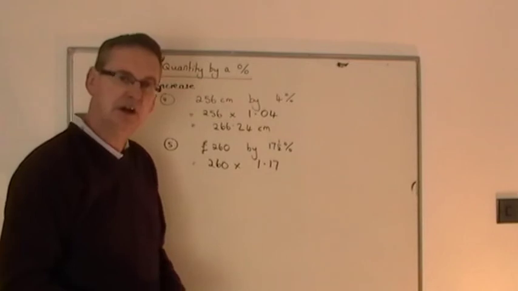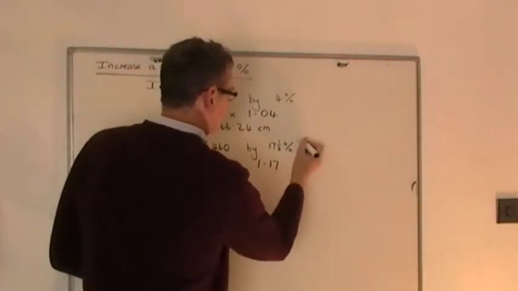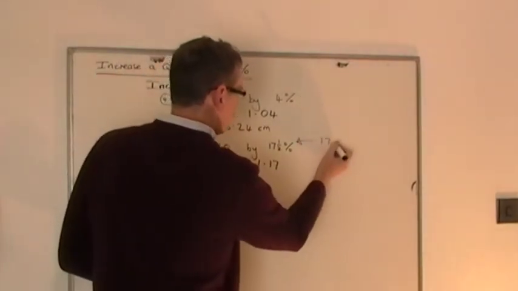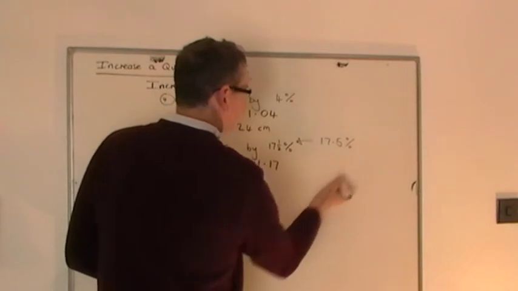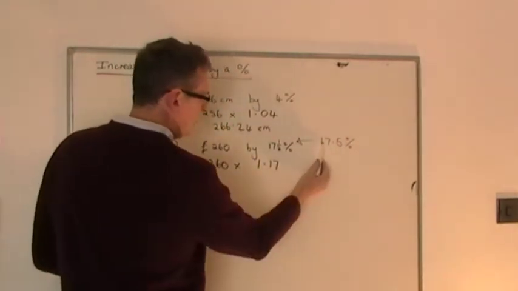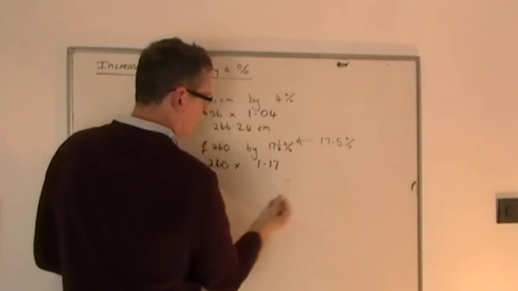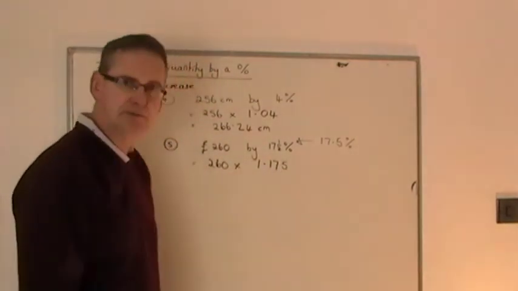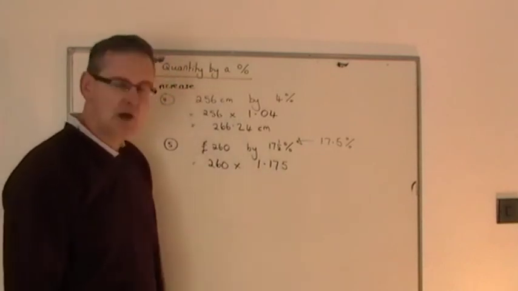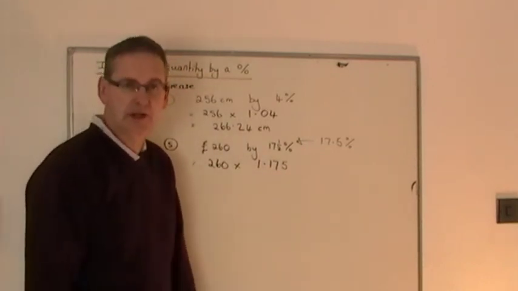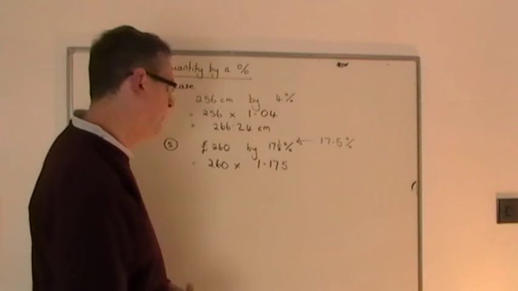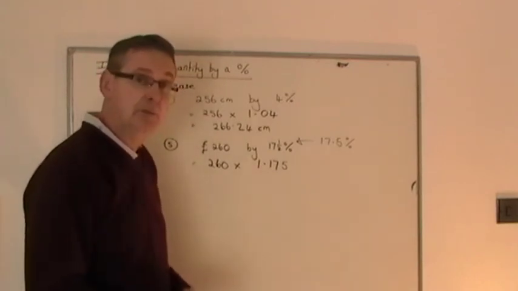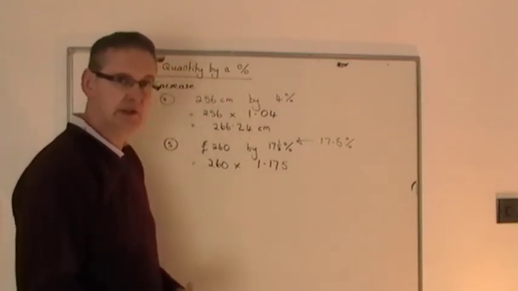So if you want 17.5%, you've just got to realise that 17.5% is the same as 17.5%. And there you can see 1, 7 and then a 5 in the decimal. So that there, 1.175, is the multiplication factor that you must multiply by to get a 17.5% increase.